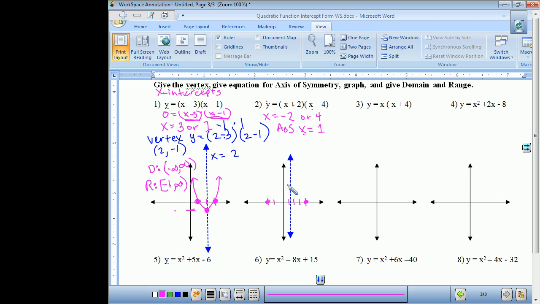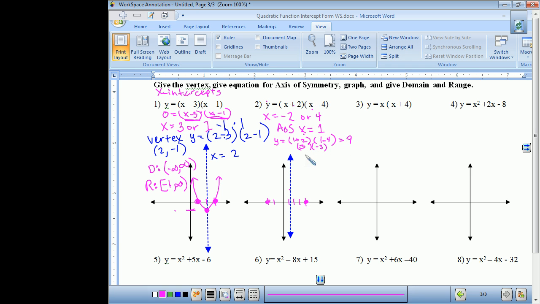Now we have to find the vertex. What do we know the x value is at the vertex? 1. So we plug in 1, and to find the y value at the vertex, what is 1 plus 2 times 1 minus 4? Okay, so 1 plus 2 is 3. And 1 minus 4 is -3. -9.